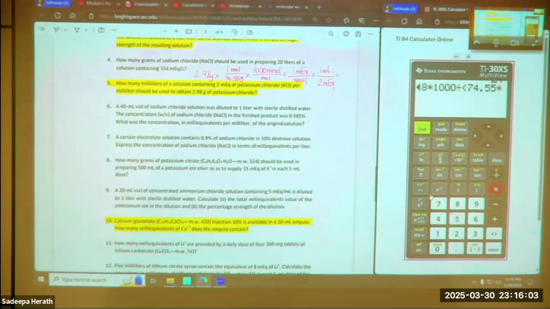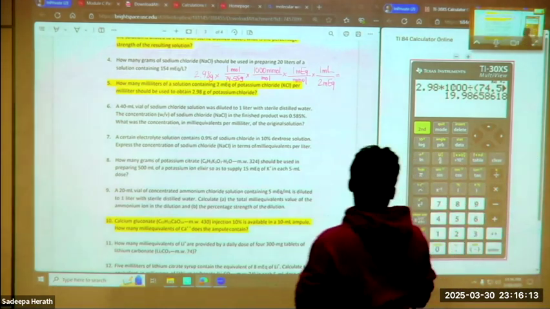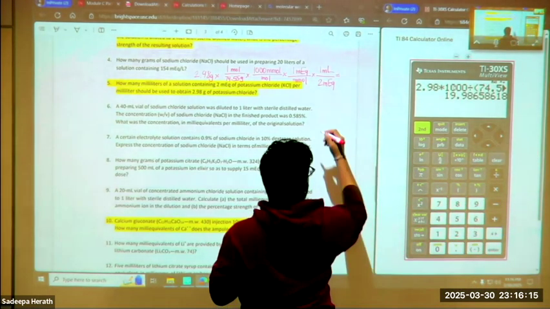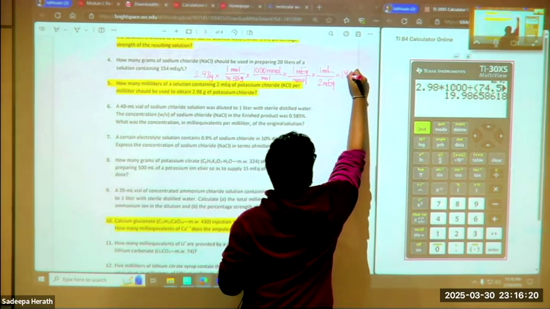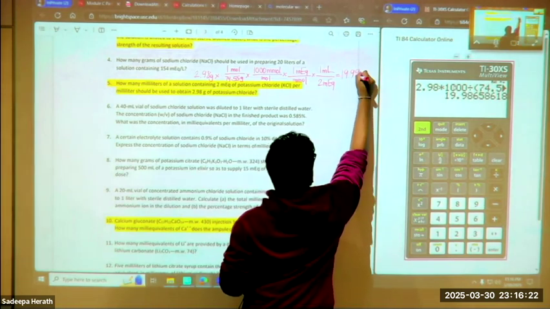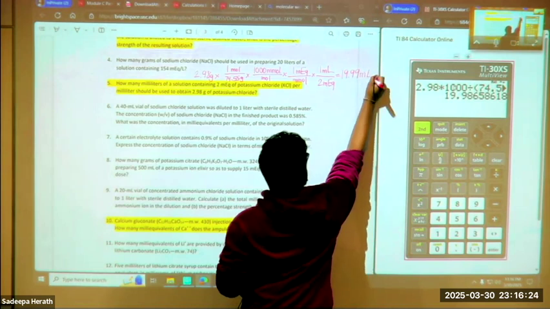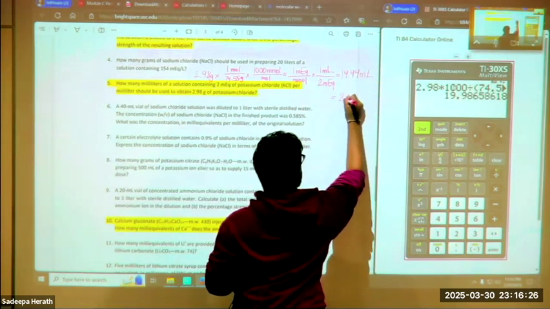What is that? 19.98. Can do 19.99 ml. We can do 20 ml.